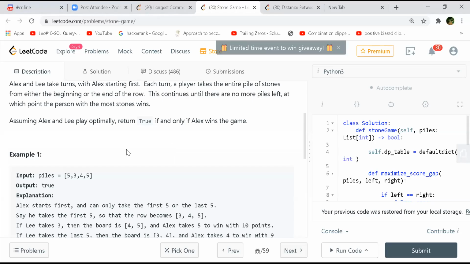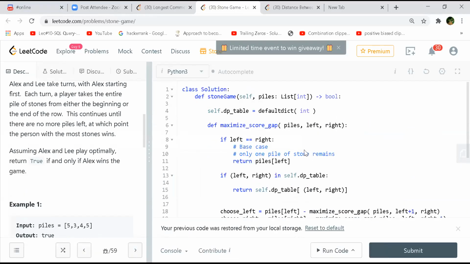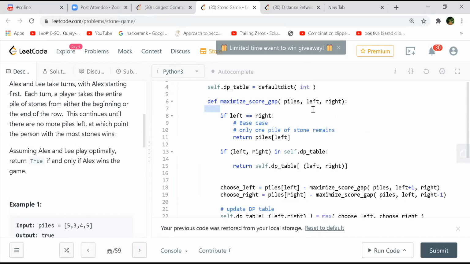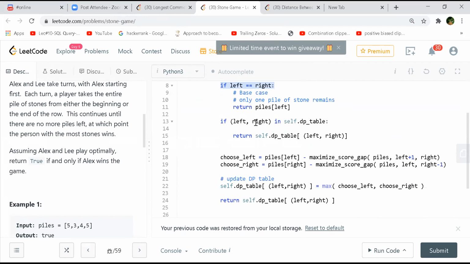Okay, Shashank, let's go through this quickly because I think that is also very much required. This is the normal DP table for caching. This is one of the base cases: if you are left with only one, you just return it. And if this state is already present in the table, you return from here.